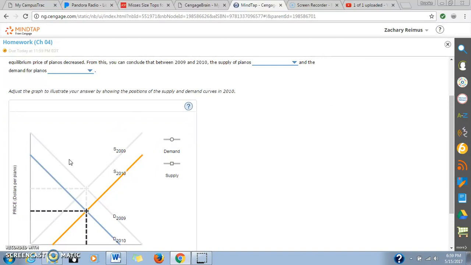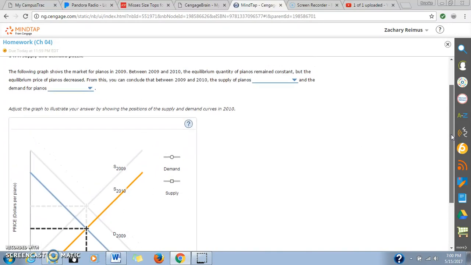So once I look here, I can double check that this is what it's telling me it wants. My price has gone from all the way up here down to here, so my price decreased, but my quantity has actually stayed exactly the same. So that's what our graph should look like.